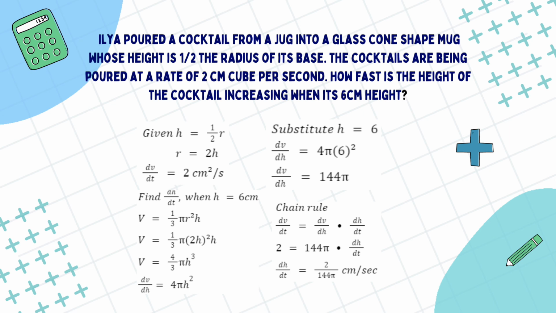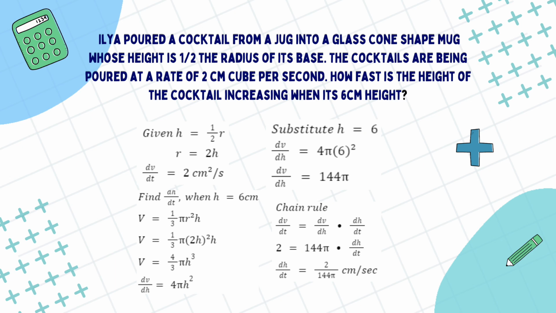Next, we substitute h = 6 into dV over dh, which is 4 pi times 6 squared, and we get 144 pi. The last step, we just need to substitute everything we got into the chain rule formula, which is dV over dt = dV over dh multiplied by dh over dt.